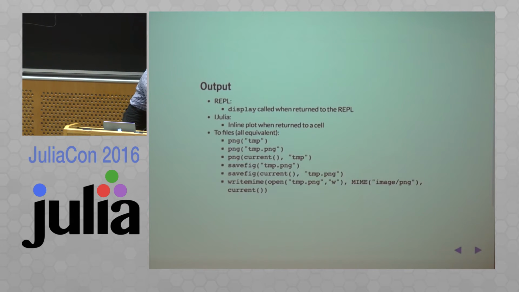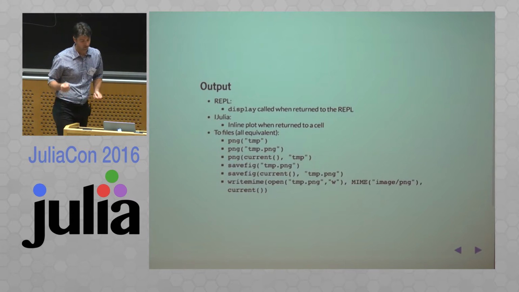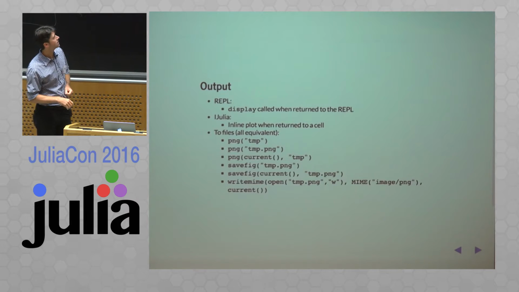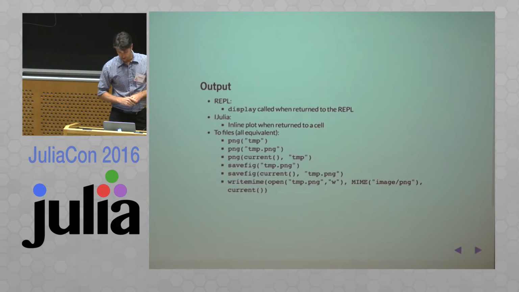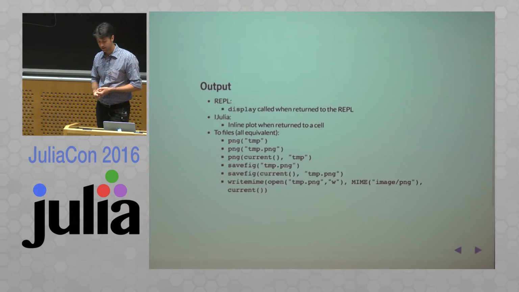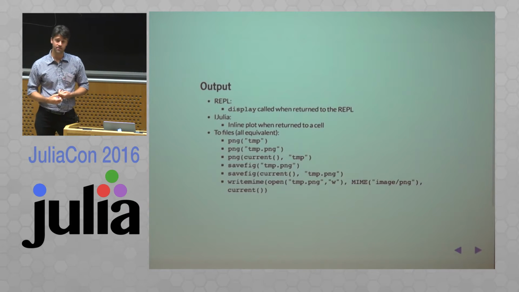And at the bottom there, there's a lot of different ways to do the same thing, which is all of these will produce a PNG file as output. And I think it highlights one thing that not everyone agrees is the best, but I think it is.